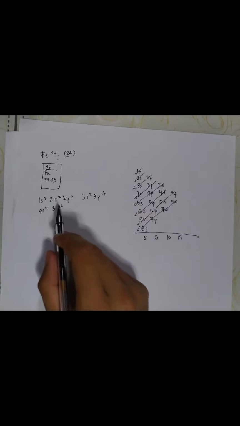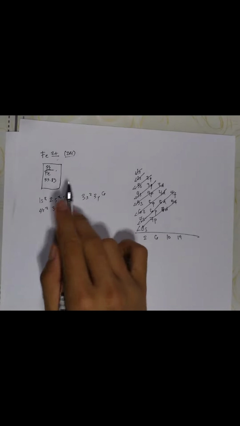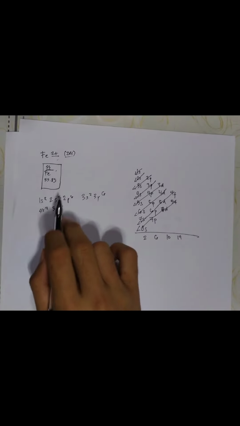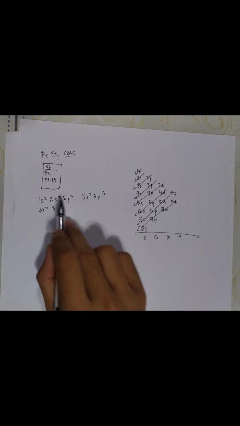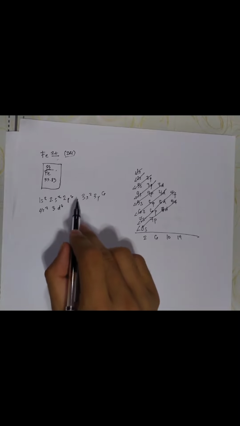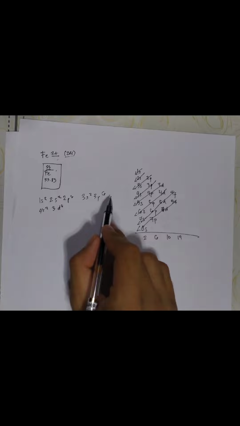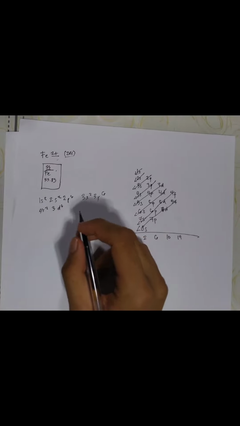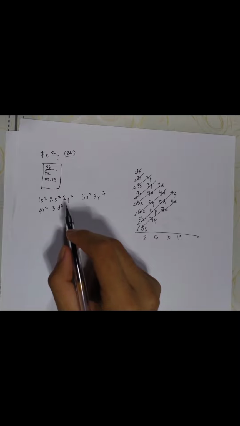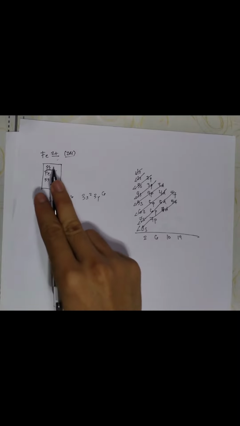So right now we just need to total the electron configuration of this atom. 2 plus 2 plus 6 is equal to 10. Then 2 plus 6 plus 2 is equal to 10 also. So we need 6 more electrons to get to 26.